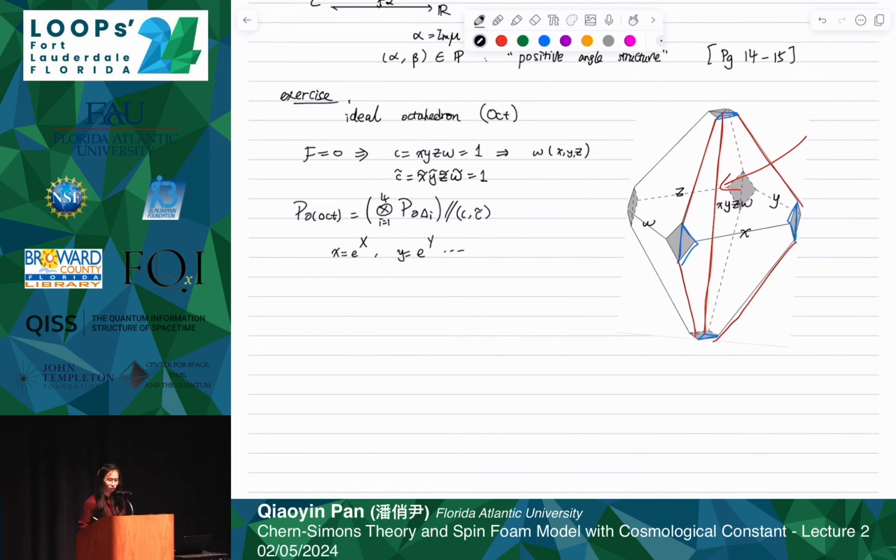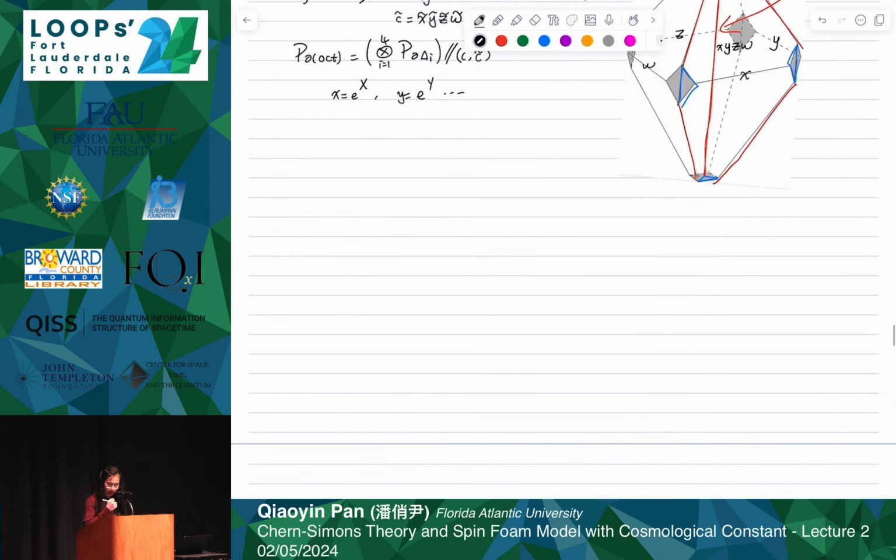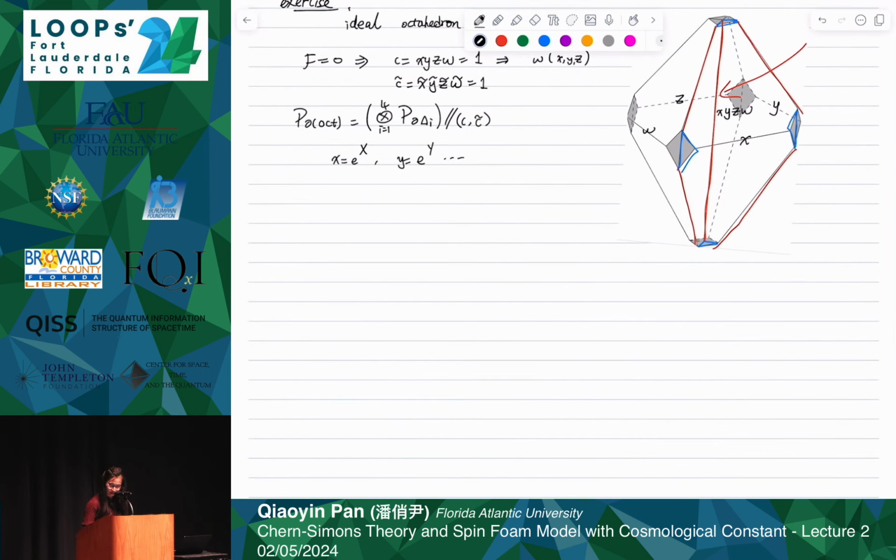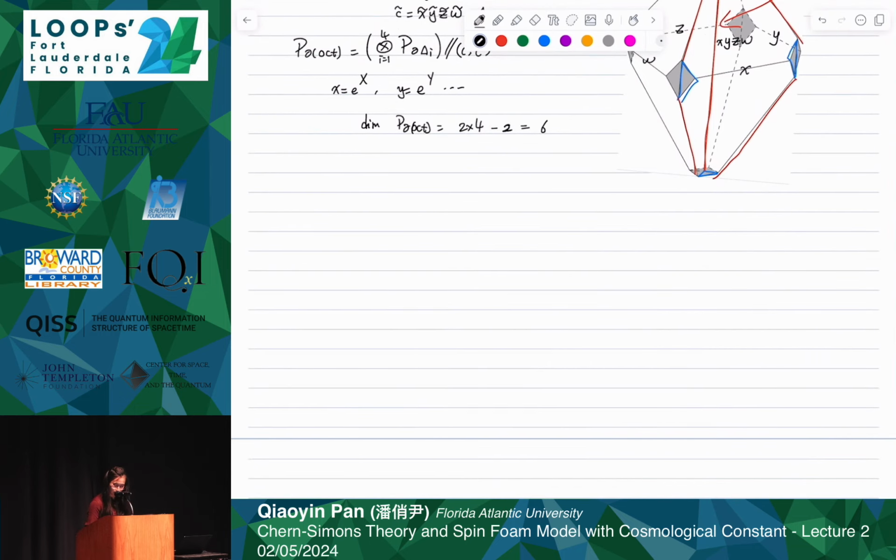So the dimension of this phase space is 6, because it equals 2 times 4, minus 2 because I have 2 constraints. The logarithmic coordinates I denote by X, Y, and Z, and the conjugate momenta I denote by pX, pY, and pZ.